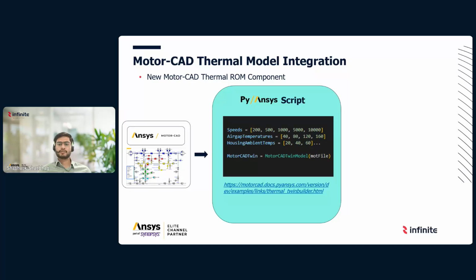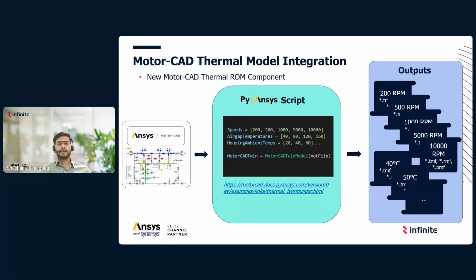Then you can just run the script, and it will automatically launch MotorCAD in the background and perform all the required calculations. It will then automatically save the outputs from MotorCAD in the required formats, and it will take a few minutes to run depending on how many operating points you select, as it performs the iteration for each required combination.